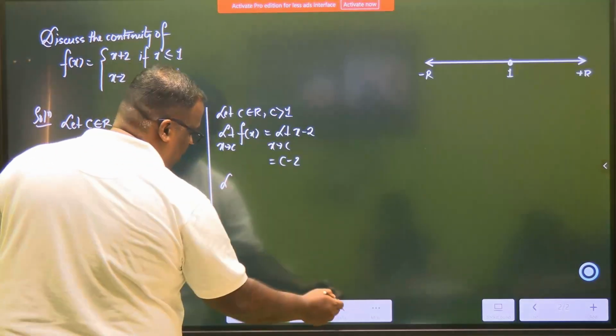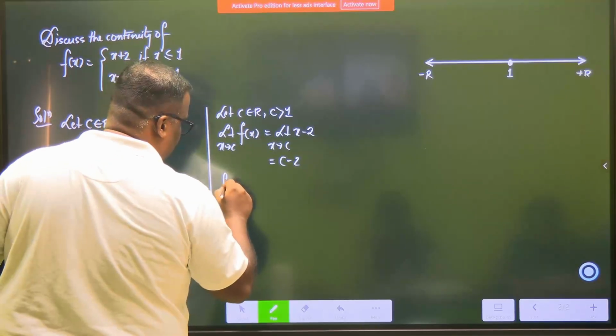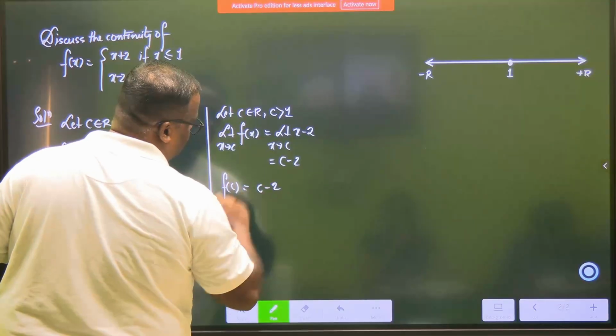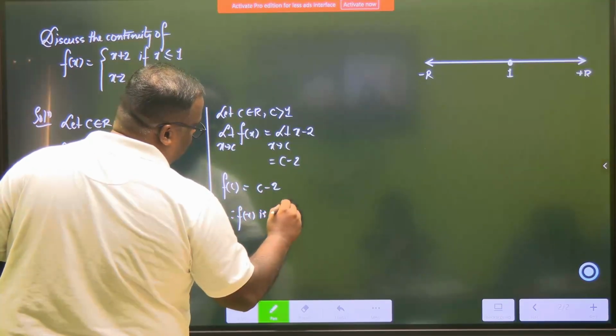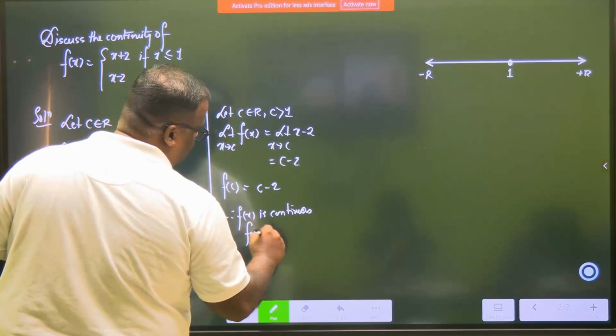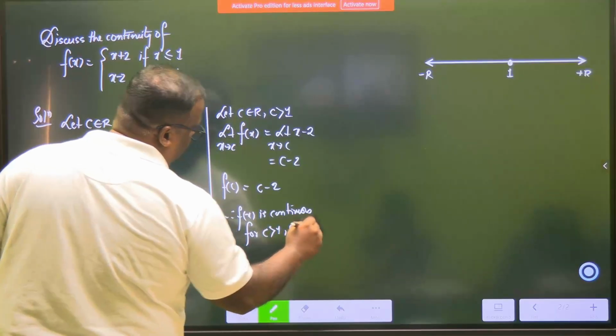Not limit, f of c. f of c, what is the value? c minus 2. Therefore, f(x) is continuous for c greater than 1, c belonging to R.